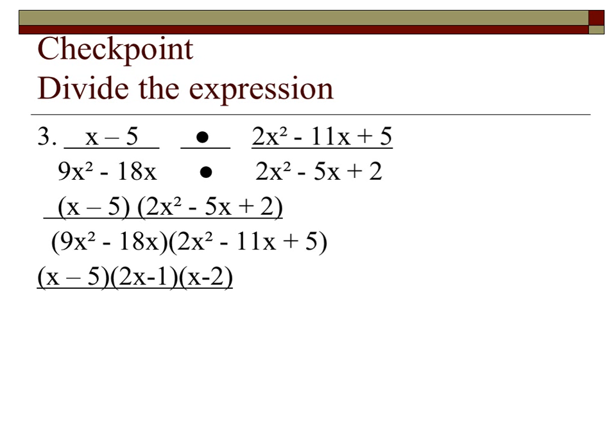Now we factor everything. Alright, notice that 2x squared minus 5x plus 2 factors to 2x minus 1 times x minus 2. And if you want to really make sure, always multiply that out.